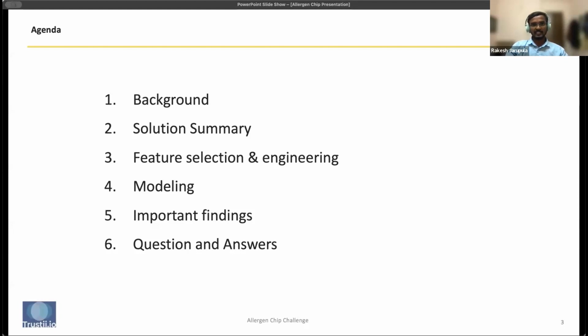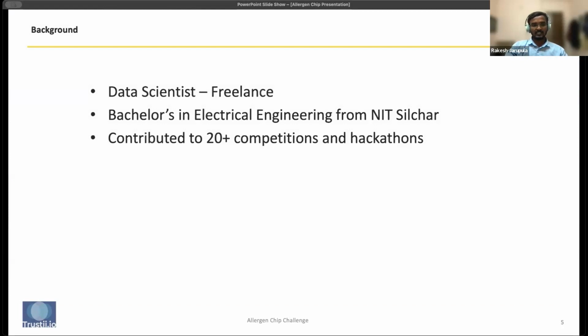Then I'll share what I think are the most important findings from the challenge that can help the organizers with further development of the project. And I'll close my presentation by asking if you have any questions. A bit about myself, I am mostly a freelance data scientist, and I work on real world problems through data science competitions.